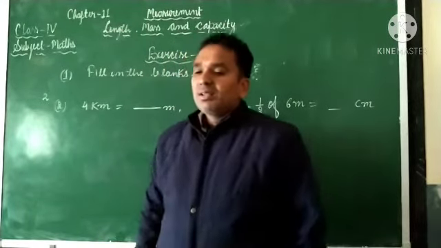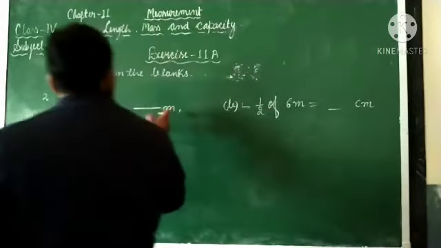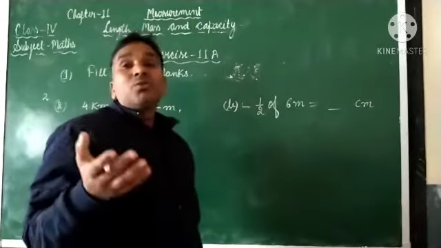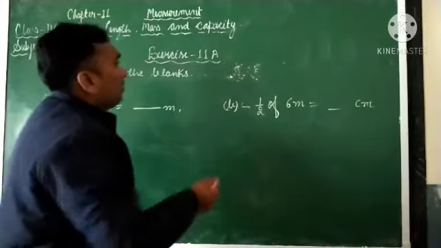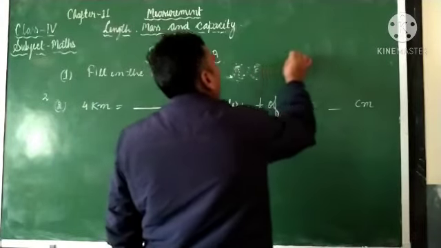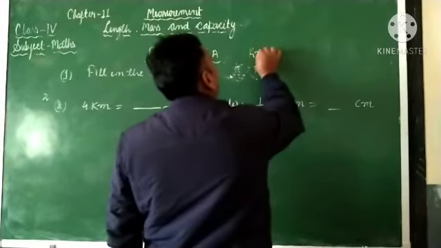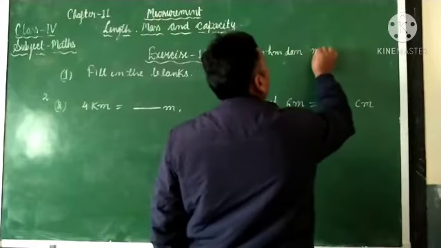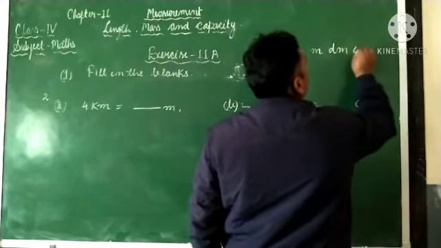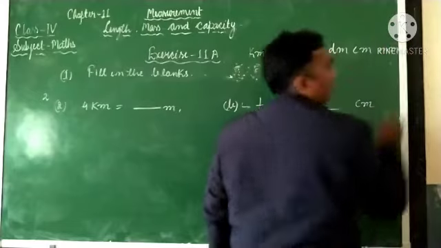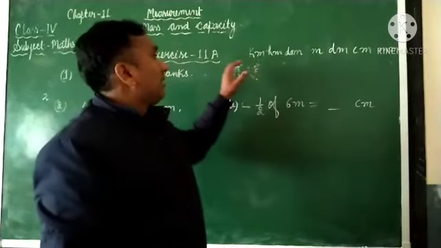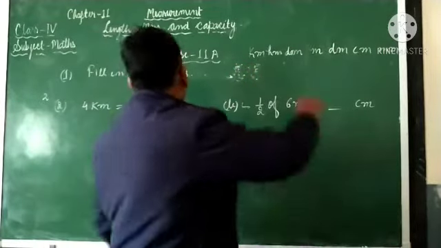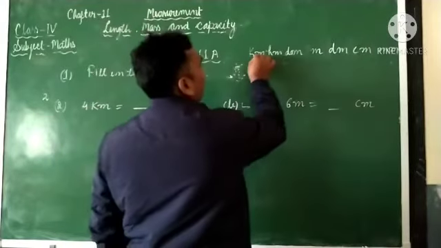Now question number 2. Solve the following. 4 kilometer equals dash meter. It means you have to convert kilometer into meter. So you should know the formula for conversion of units. I told you the units km, hm, dam, m, dm, cm, mm. Keep this single formula in your mind. After that you can make some more formulas. You want to convert km into meter.